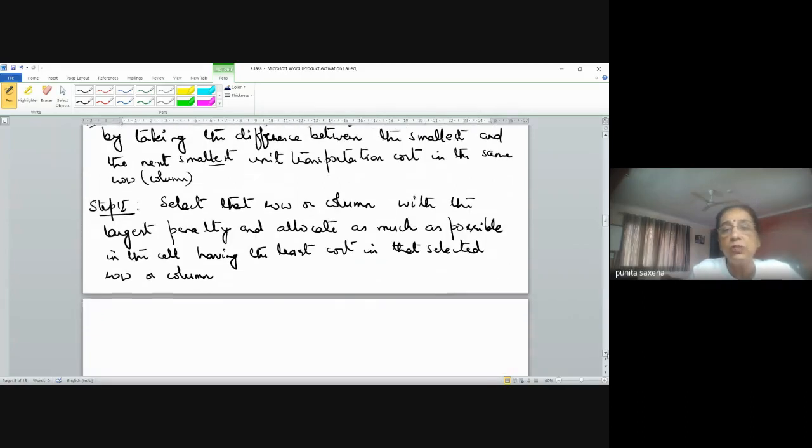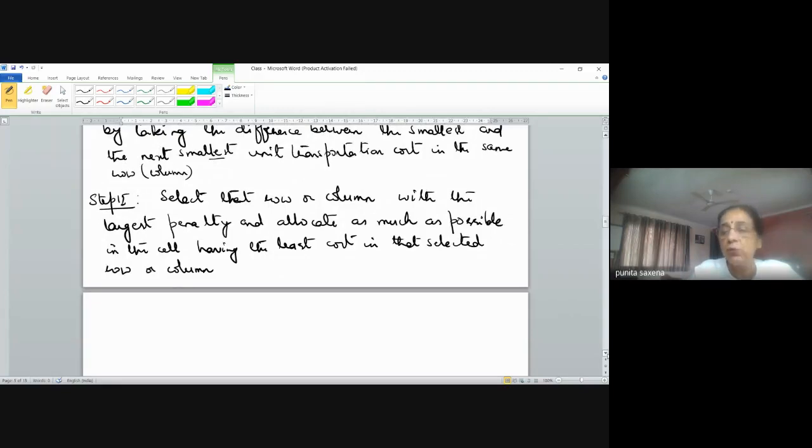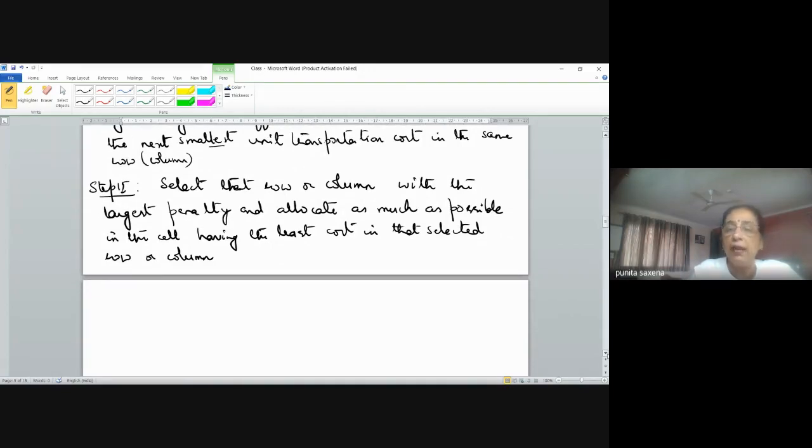So we choose that maximum penalty and allocate as much as possible in the cell having the least cost, right? Of course, allocate as much as possible means the minimum, right?